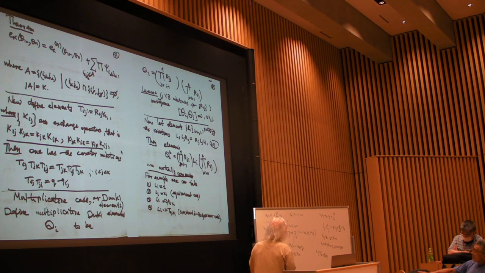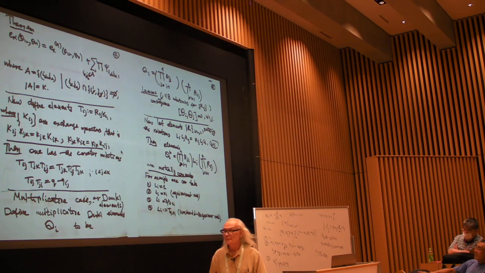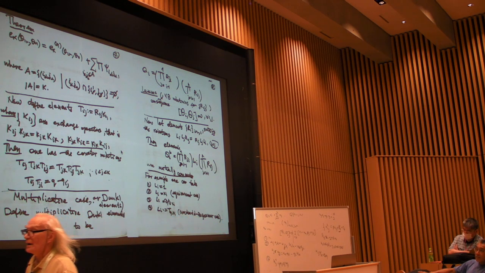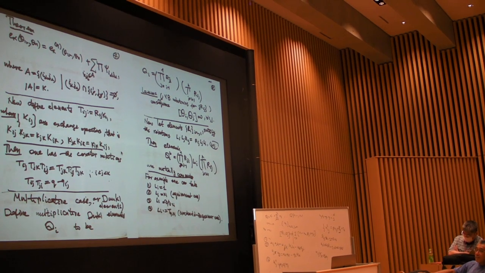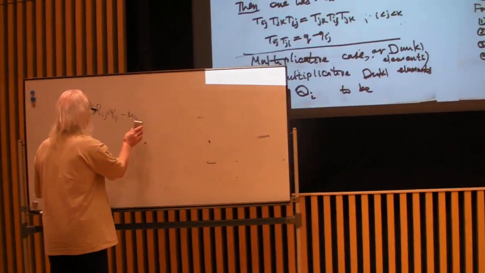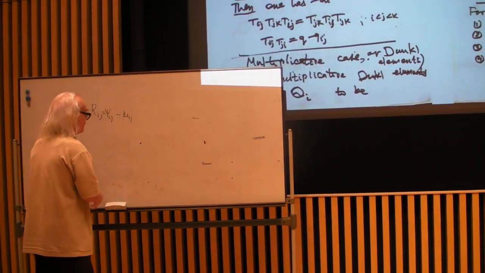And this is the meaning of QIJ. Yes. And it is easy to construct with additive, multiplicative Dunkl operators. This is also very important. And this can be looked for as an ordered product of R matrices.